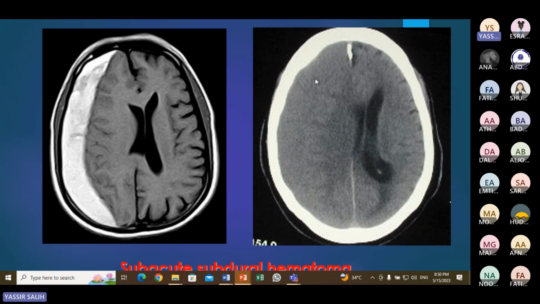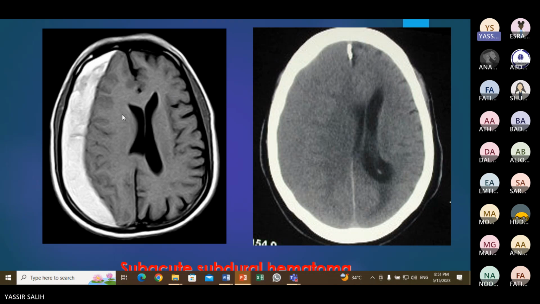Subacute. To confirm this finding, what other technique or examination would you do? MRI. So this is MRI. Which sequence is this?